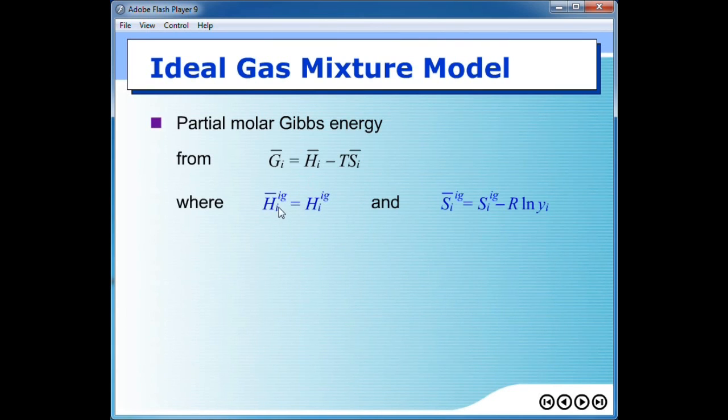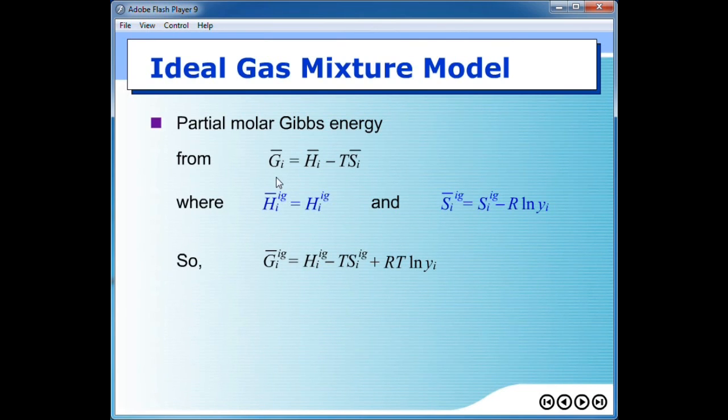Earlier, we found that H bar of an ideal gas mixture is equal to the enthalpy of the pure species, while S bar is equal to S of the pure species added by one other term. Just plug these two together to calculate free energy.